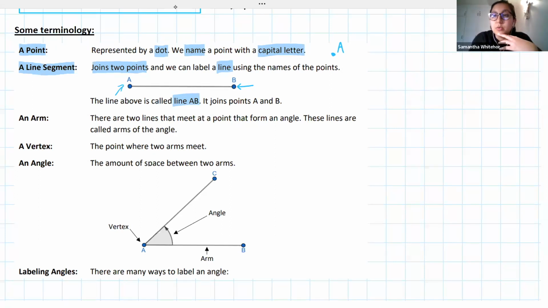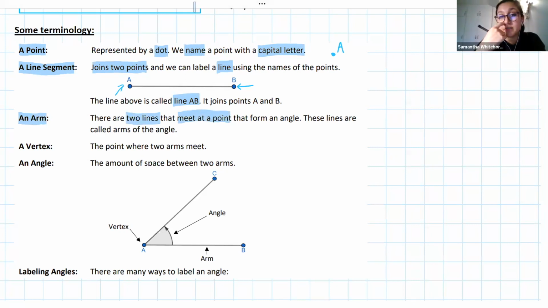As we go in geometry, what you're going to see is that we often work with angles and angle sizes. Now, points and line segments form the foundation of the creation of an angle. So first thing is that angles have arms. Arms are the 2 lines that meet at a common point.